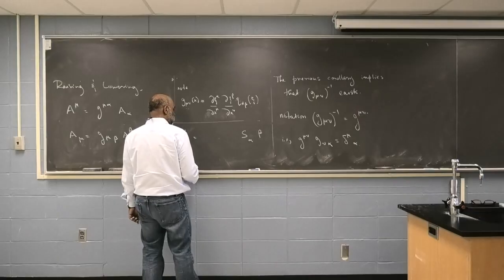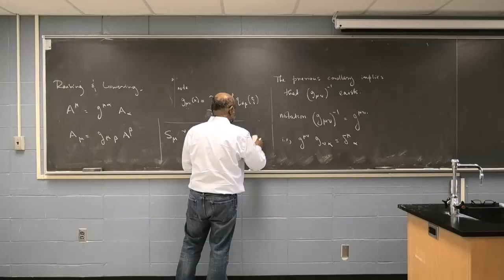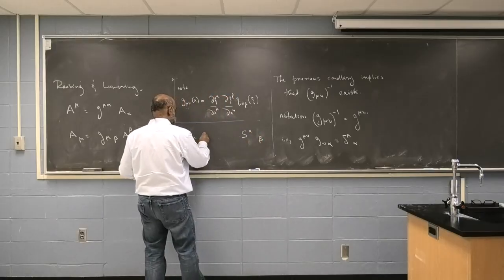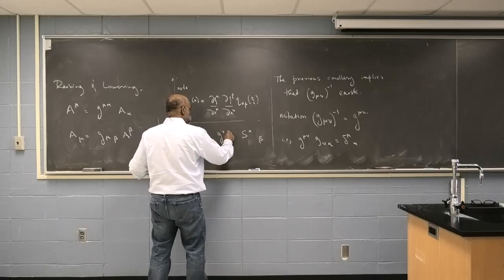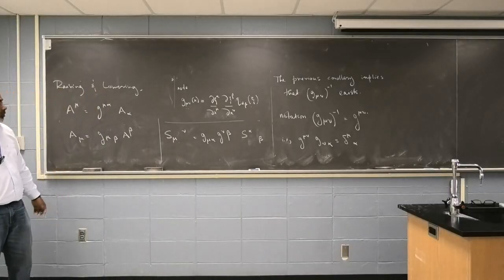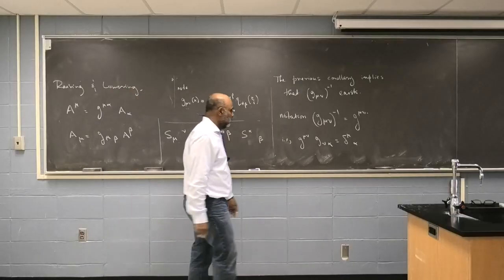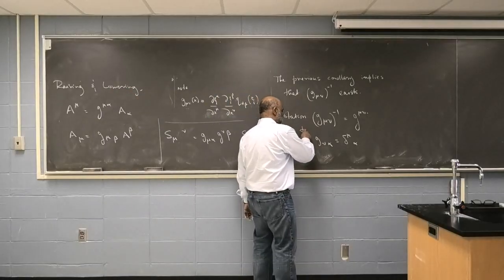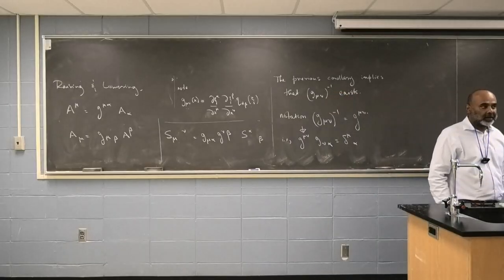What do I do? Oh, the other way around. So on and so forth. You can raise and lower all indices using the metric and its inverse. Any questions?